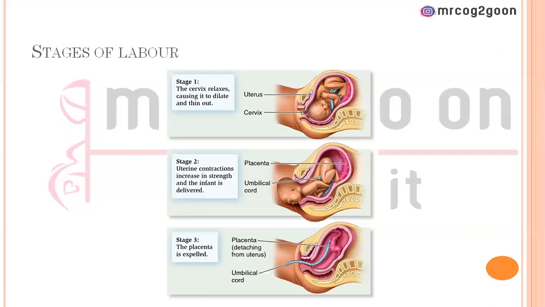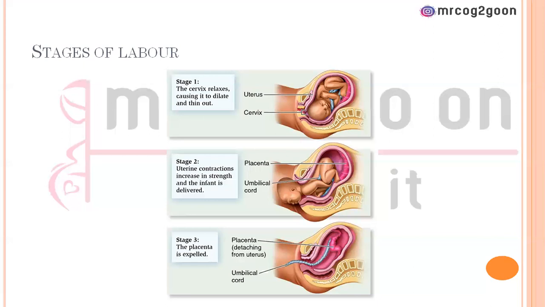First stage of labor is from the start of contractions till the cervix is fully dilated. The second stage is uterine contraction and infant delivery, from fully dilated to the expulsion of the fetus. And the third stage is the delivery of the placenta.